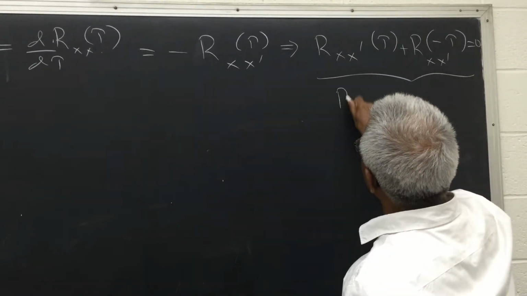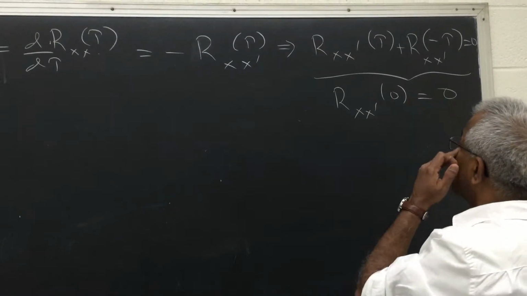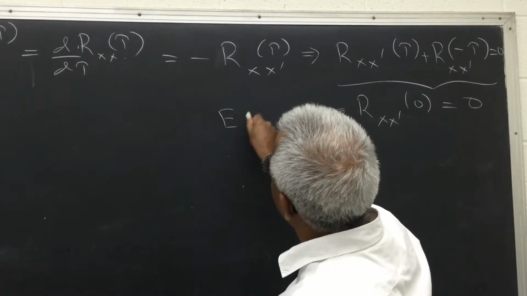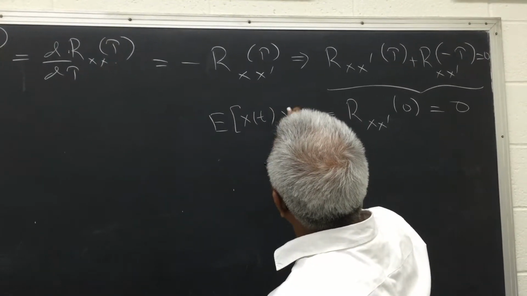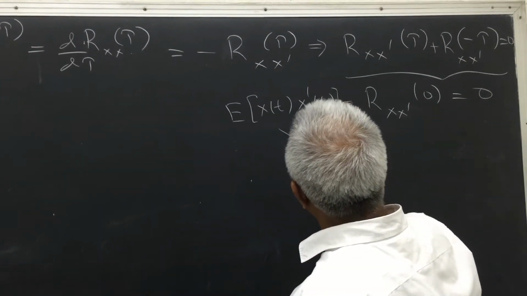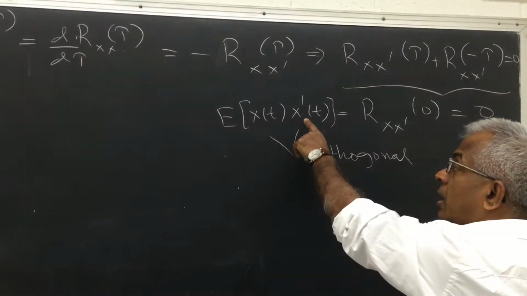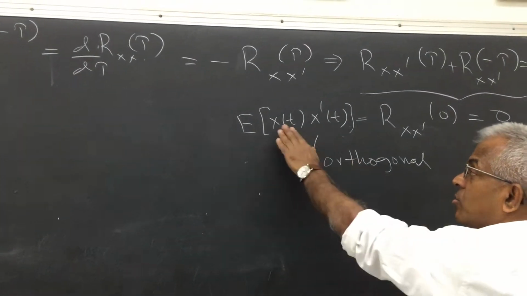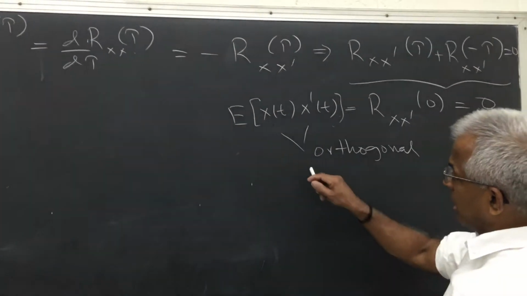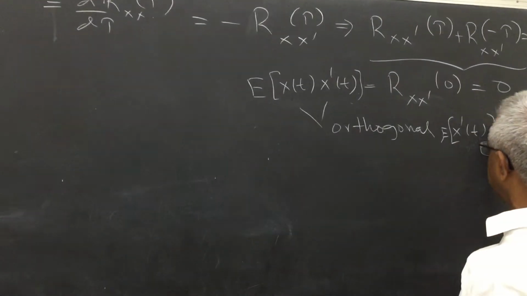So from here, of course, it would mean R_xx'(0) is 0, putting tau equal to 0. But this literally means the expected value of x(t) and x'(t) is 0. So these two random variables are orthogonal. And since x(t) is wide-sense stationary, it has constant mean, so the mean of x' is 0.